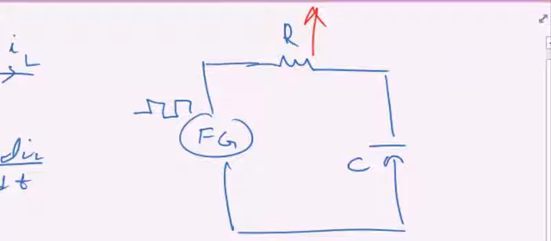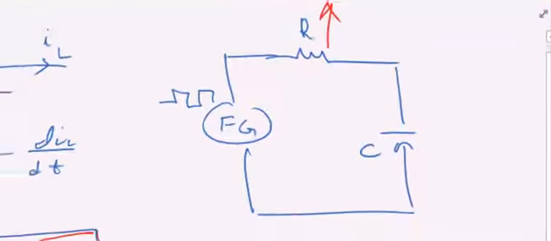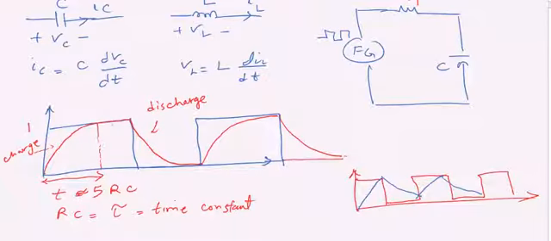It means that the capacitor is barely reaching the target, and you're not going to see the steady state part which we had here. So this part, we don't see it here. We don't see it here. So it depends on the frequency of the input signal of the function generator. We're going to see different charge or discharge graphs on the oscilloscope.